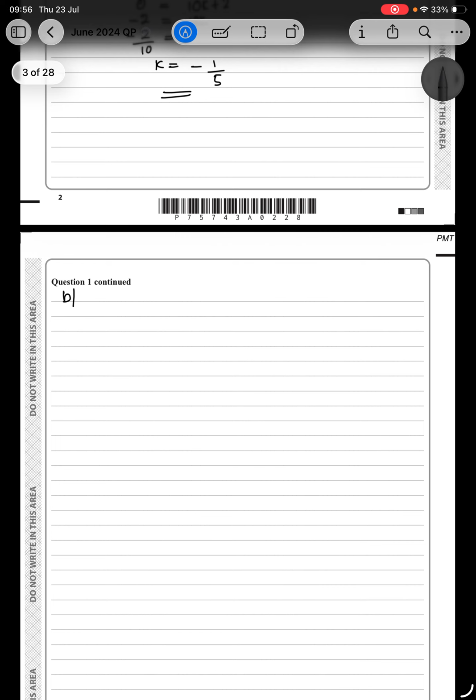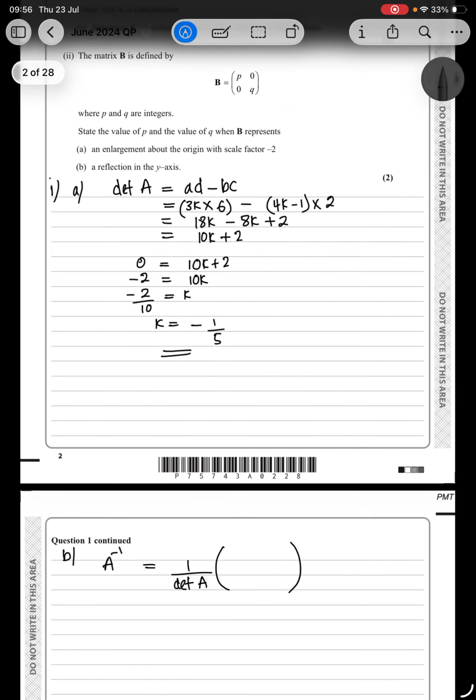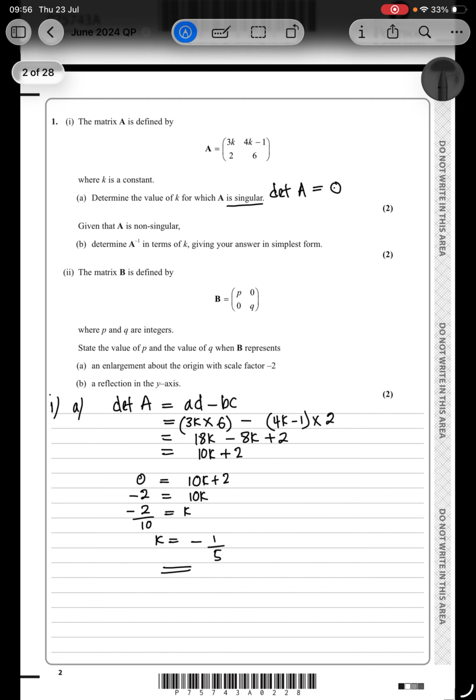So we have to know that if we are to find A inverse, this will be our equation. 1 over determinant of A into a certain matrix that we obtain by switching the elements A and D and multiplying by a minus 1 to the elements B and C.